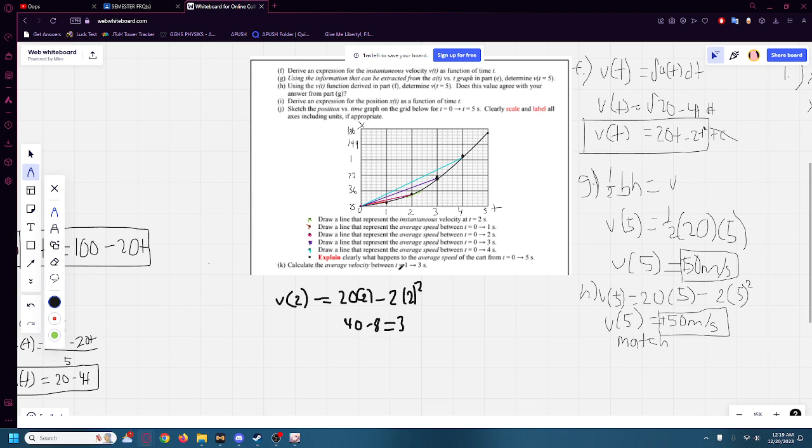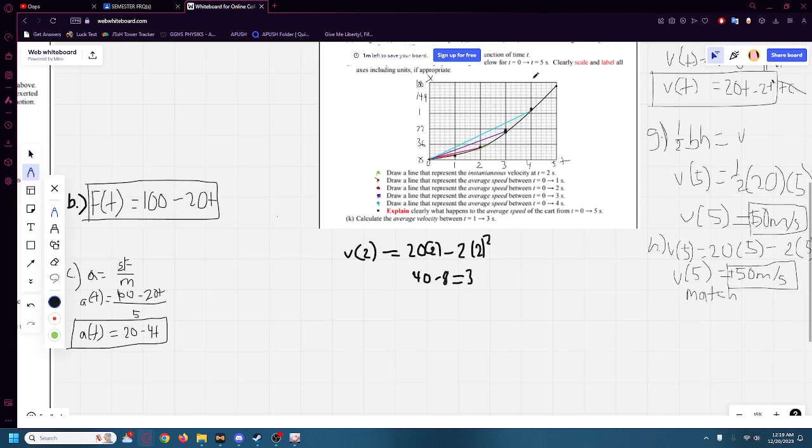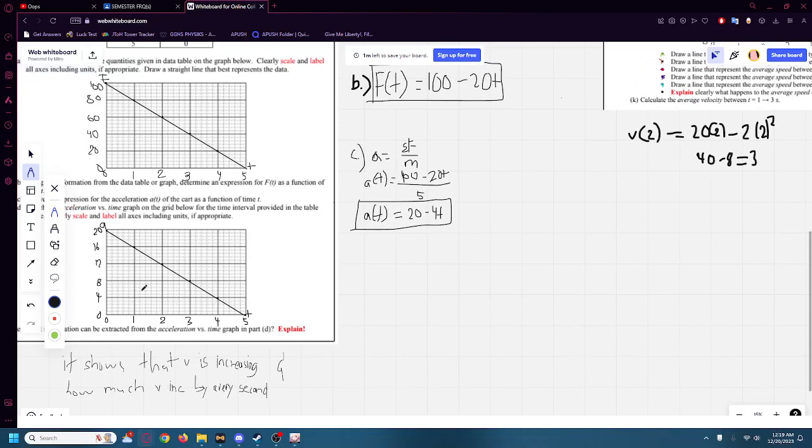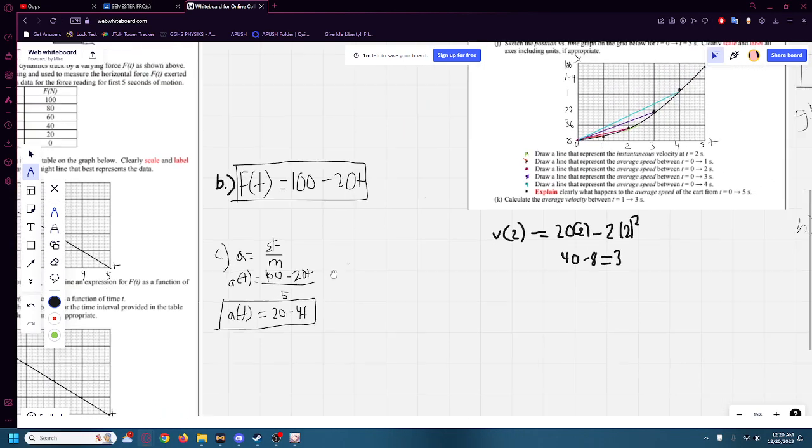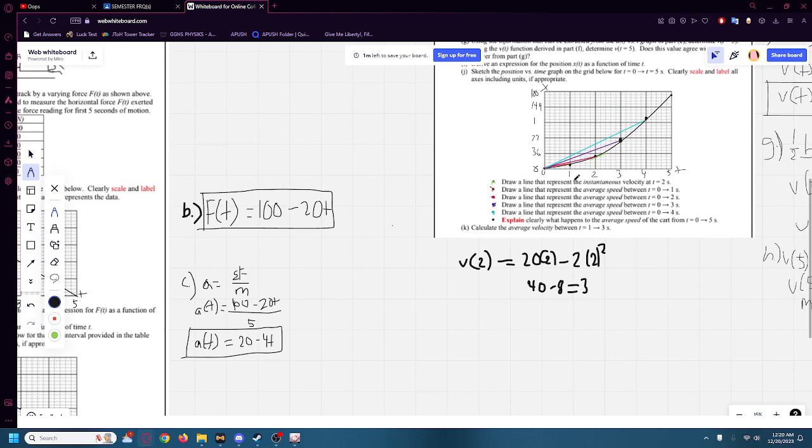And then the average speed of the cart increases from 0 to 5, because the acceleration shows that velocity is increasing, which means that the average speed is increasing from 0 to 5 seconds.